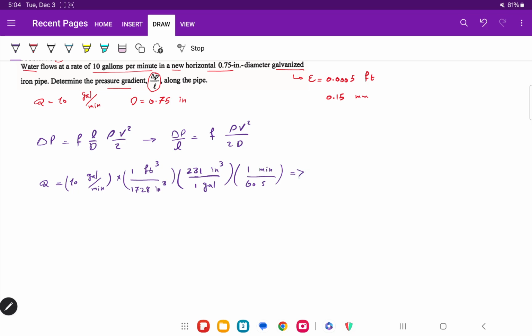Now we have the flow rate in cubic feet per second, 0.0223 cubic feet per second.